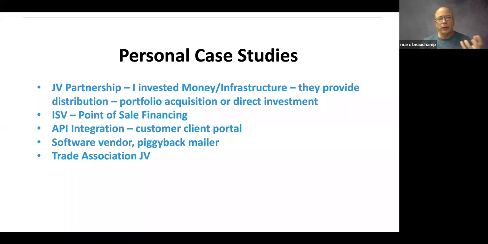So the software vendor is actually selling our services, and we're giving a revenue share to that software vendor, just like he gets in merchant processing. We had another recent API integration. This is another perfect example where there's a client portal where customers log in to get their activity and their reporting, and we built out a financing option in that client portal with that software company where that client could log in, and based on their MCC code, they would receive an offer that said, hey, would you like to offer financing to your customers?